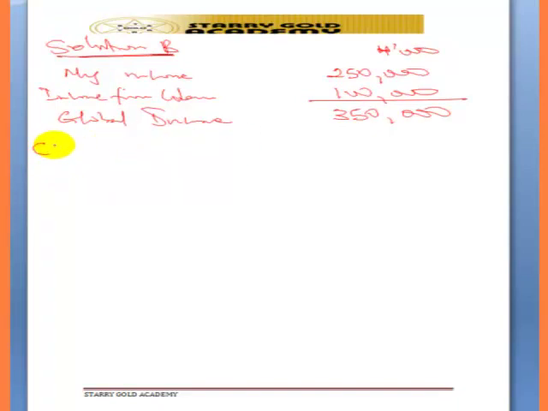Now we're supposed to have consolidated relief allowance, and the consolidated relief allowance is 200,000 naira plus 20% multiplied by gross income, which is the same thing as the global income, 350 million.